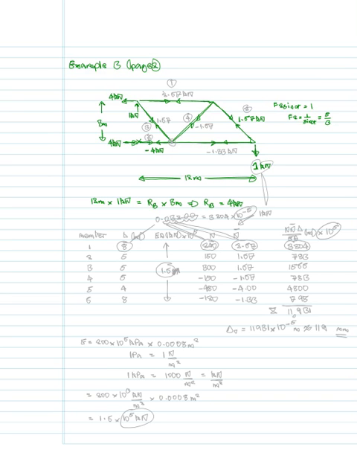For this member here, we know that it is going to be in compression because of the vertical component of the 1.67, so that's going to be minus 1.67. For this member here, for the same reason, you look at that joint there. The only vertical component is this 1.67 in compression, and therefore this member here must be 1.67 in tension.